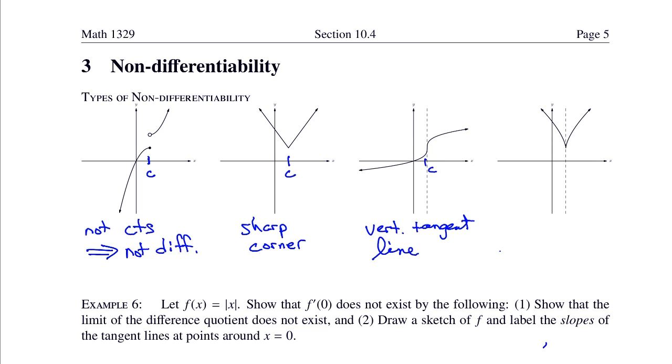The slope of a vertical line is undefined. Since the derivative is the slope of the tangent line, then the slope is undefined, so the derivative is undefined. And lastly, you cannot have a cusp. This little shape here is called a cusp. A cusp also leads to a vertical tangent line.